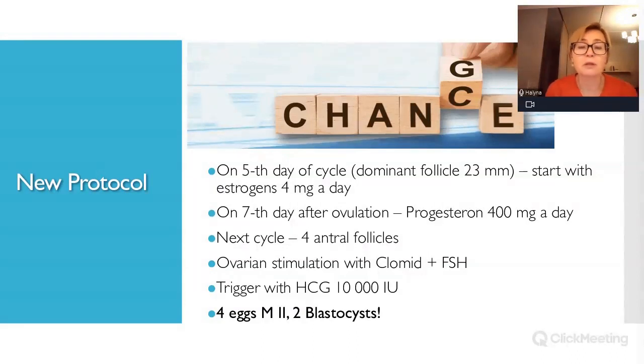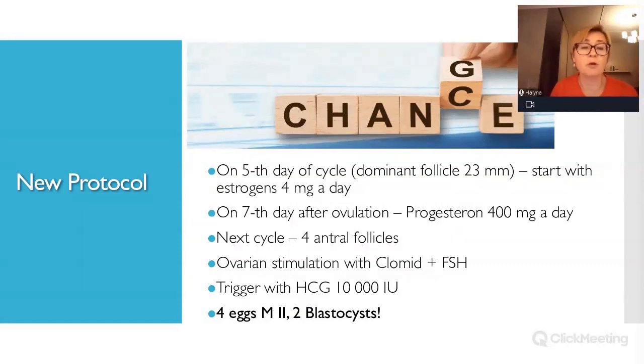After ovulation I added progesterone, and two weeks later, at the beginning of the next cycle, we saw 4 antral follicles. We started the new stimulation, Clomid plus FSH, triggering with HCG, and this gave a very good result.